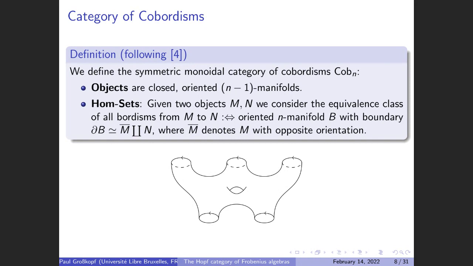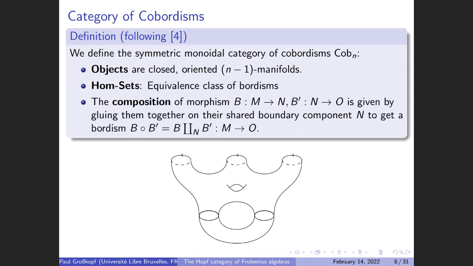So now I have objects and I have morphisms, how do I compose morphisms? This is by gluing them together. So in the picture here, I have a morphism from 3 circles to 2 circles, and I can glue it together with some map coming from 2 circles to the empty manifold, which we also consider.